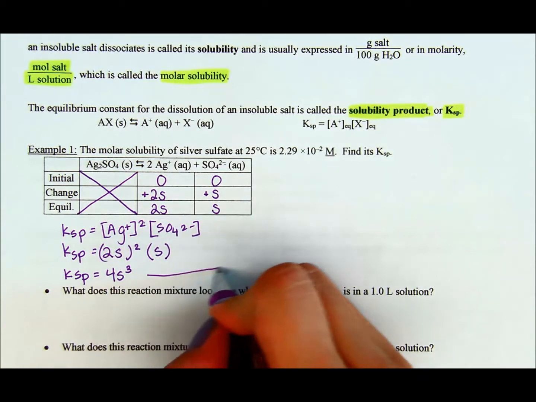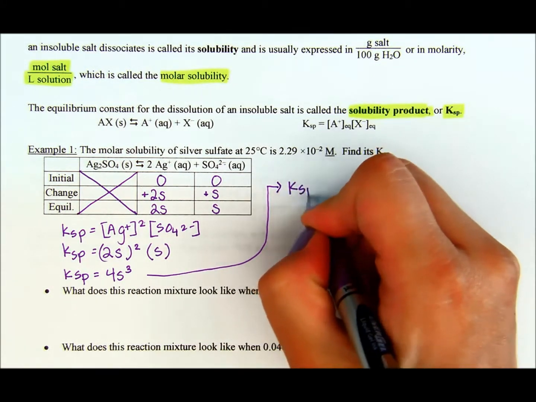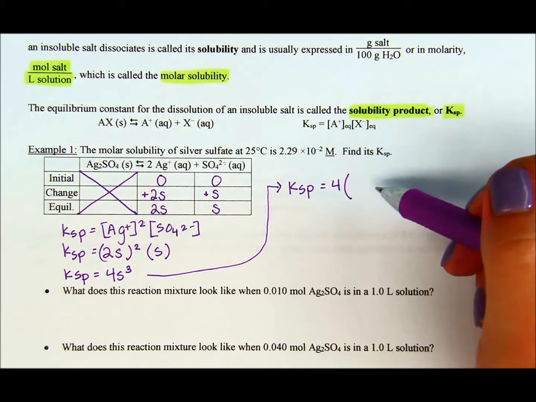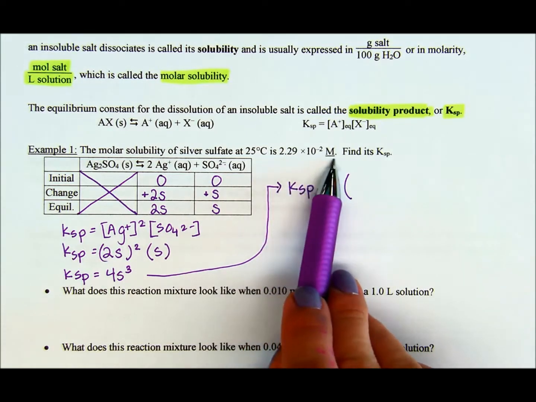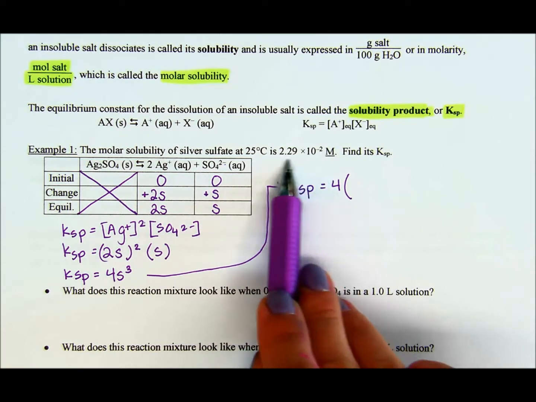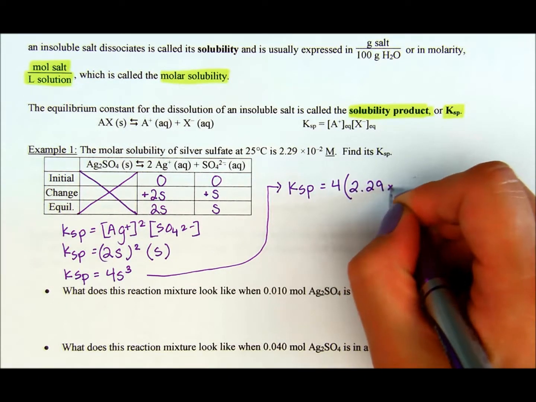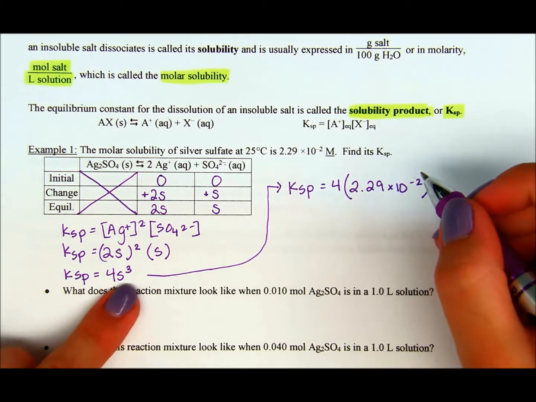Moving our work over here, KSP equals 4 times S cubed. Well, what is S? S is our molar solubility, and in fact we're given our molar solubility right up here. So this is your S: 2.29 times 10 to the negative 2 molar, and that's all cubed.